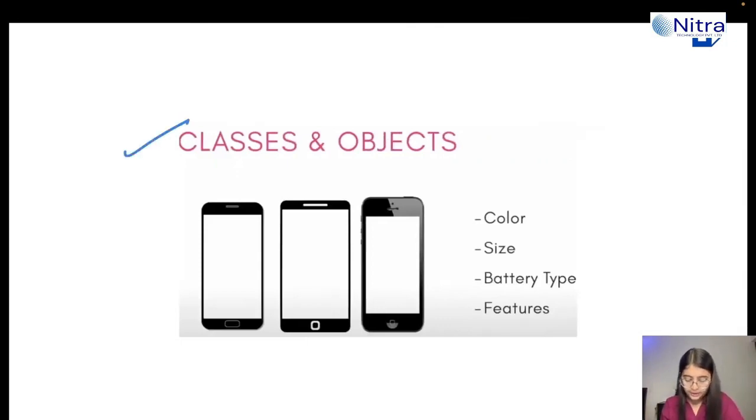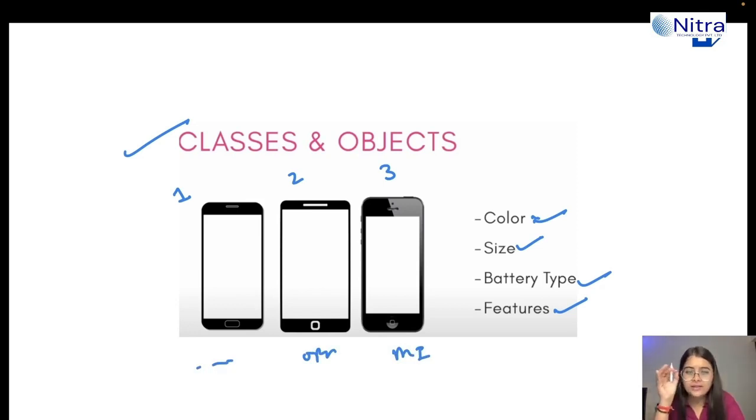So if you see this picture, it contains mobile 1, 2 and 3, right? And all these are different in terms of their size, color, battery type and features. Maybe this is a phone from MI company, Oppo and so on, right? But can you imagine what is the general thing about all these 3 types of phone? Yes, all these 3 are mobile phones.